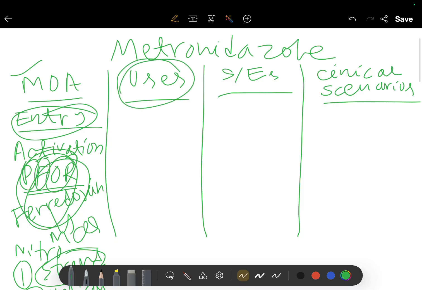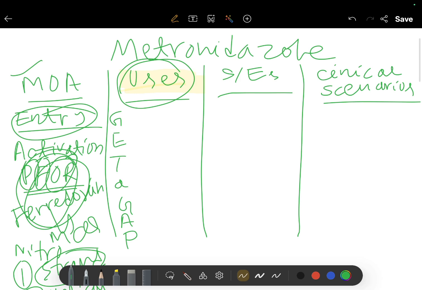Now let's come to the uses. There is a mnemonic: GET a GAP. Gap is a company that makes t-shirts and other things.